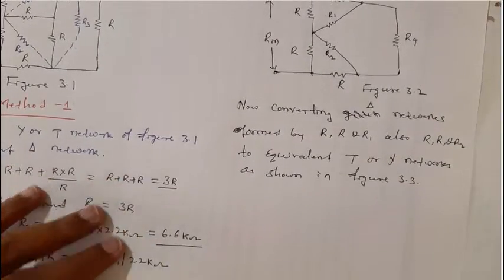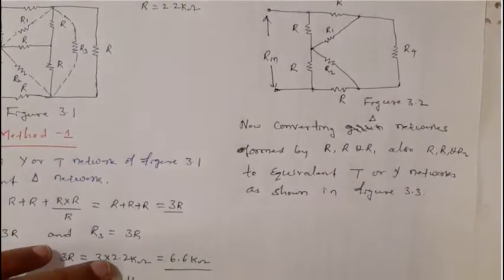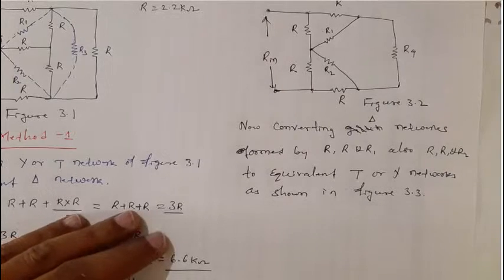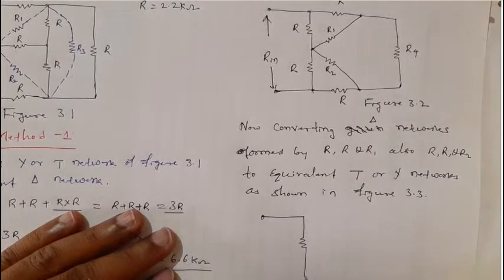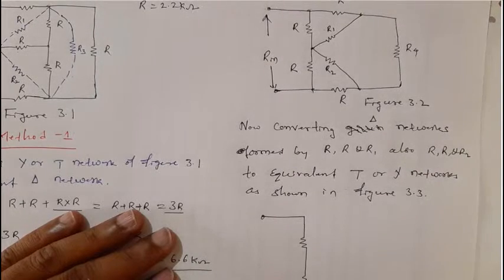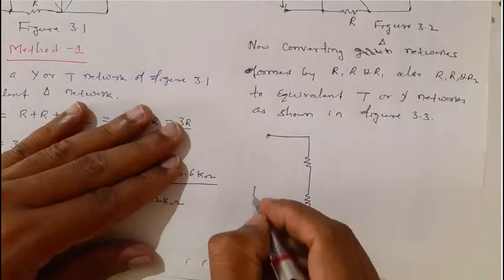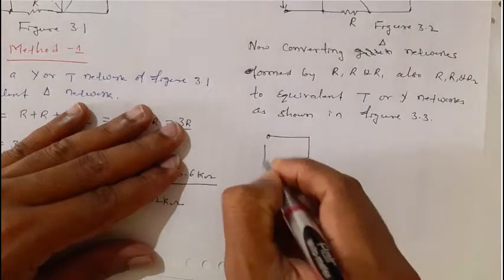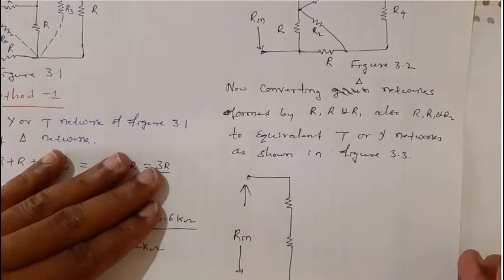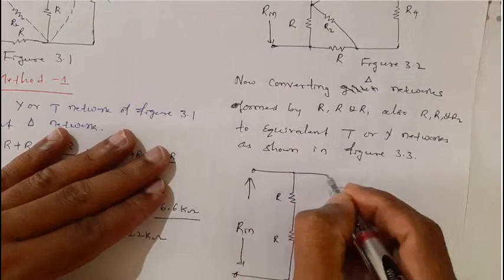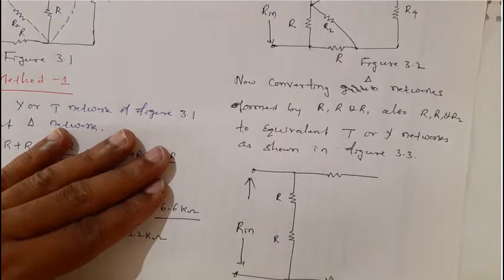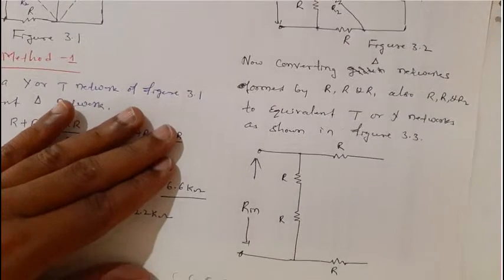Okay, here itself, even if you want I can change, but let me draw it. Okay, once again I'll draw it, right? Here we are supposed to find R in, okay, and now this is R, we have another R above, below another R, this one is R and this one is R, right?